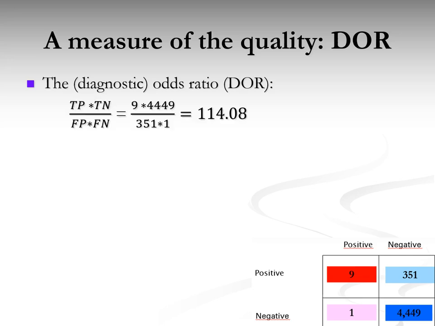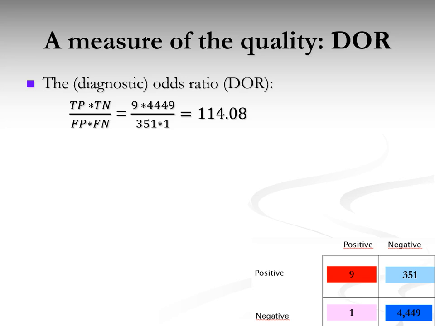The odds ratio can be calculated by multiplying the true positives and the true negatives, so that are the dark red and the dark blue cells, and we divide this multiplication by the false positives multiplied by the false negatives. These are the two kinds of cases for which we made a wrong decision.